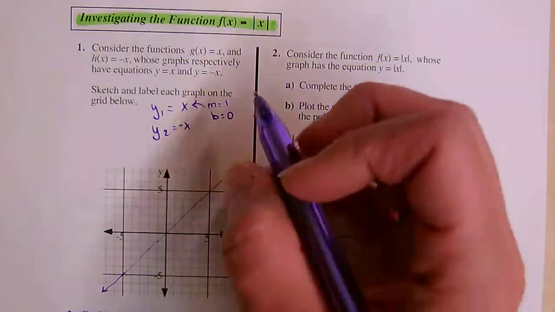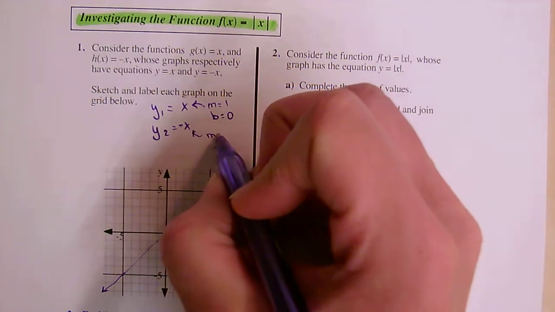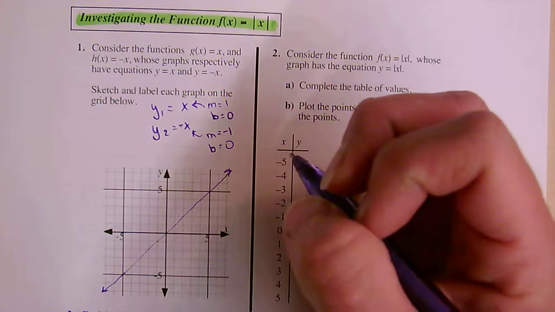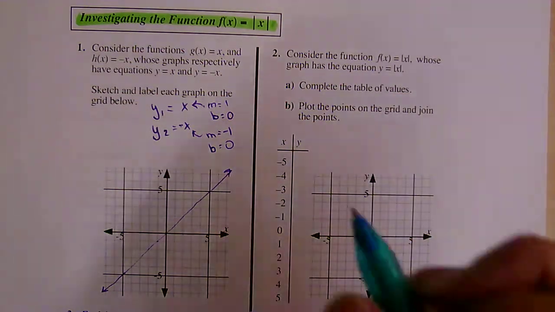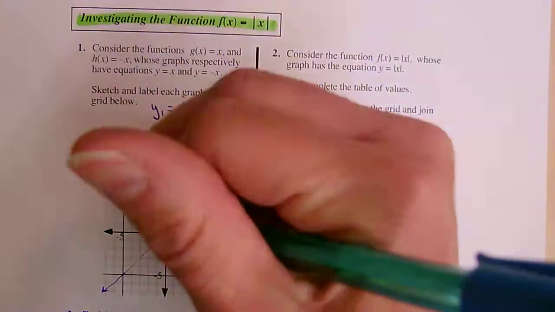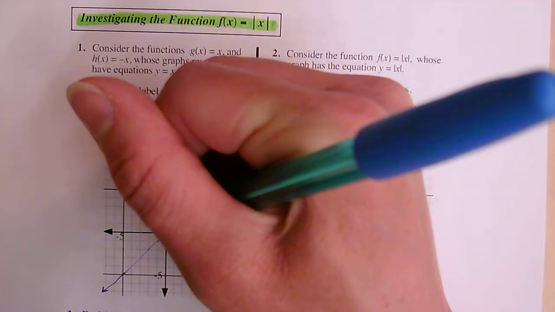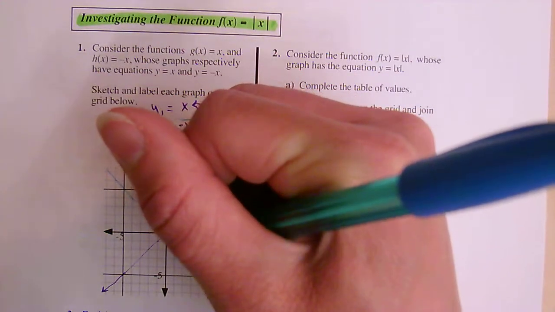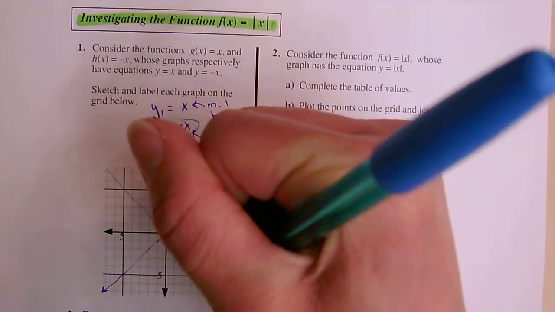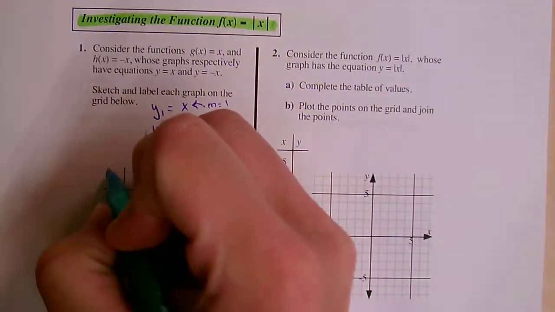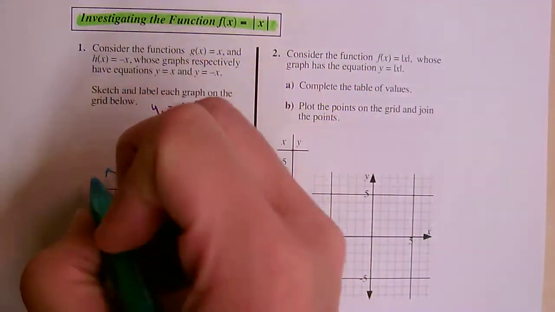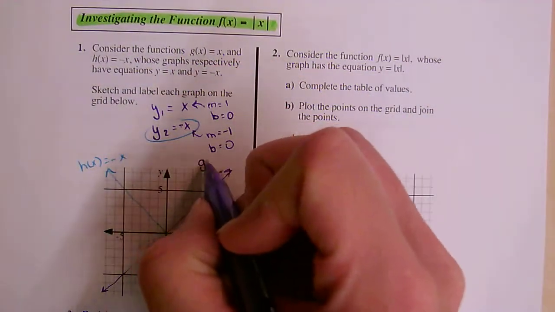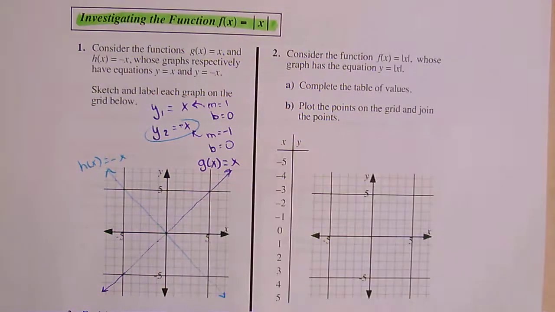This has a slope of negative 1 and a y-intercept of 0, so it's going to go the other way. Why don't I just color code this? Okay, so this is my h of x is equal to negative x, and g of x is equal to x.